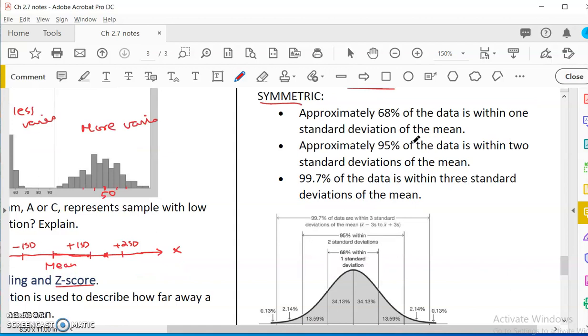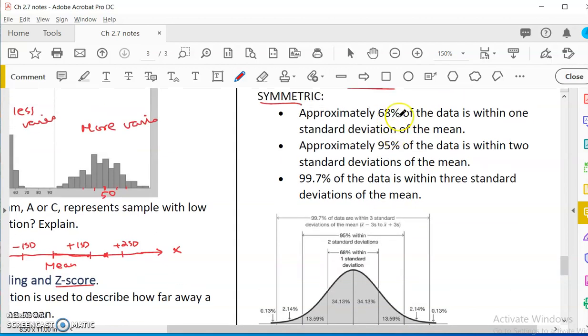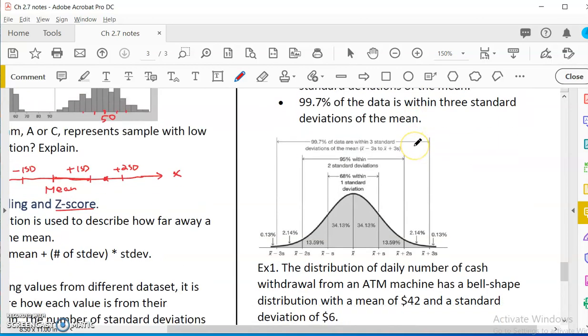Another term for bell-shaped and symmetric is normal. Then we have these facts that statisticians have found. Most of the time most of the data is spread around the mean, right? So this is x bar or mu, right?